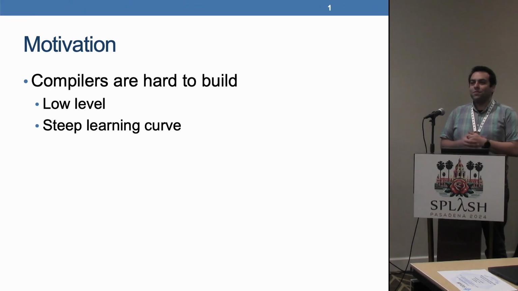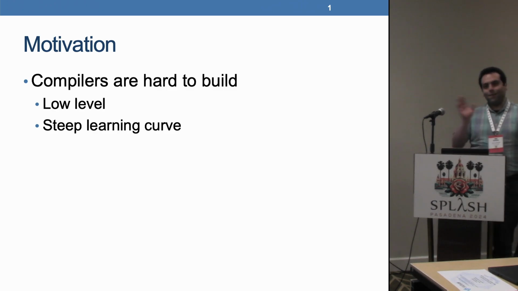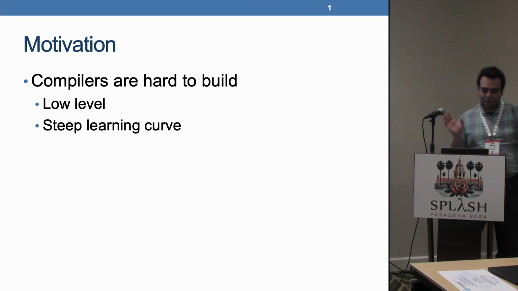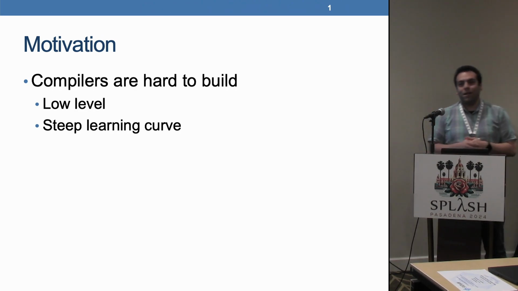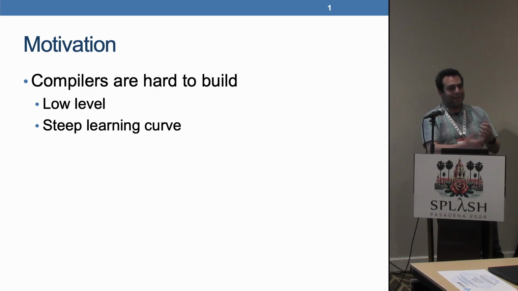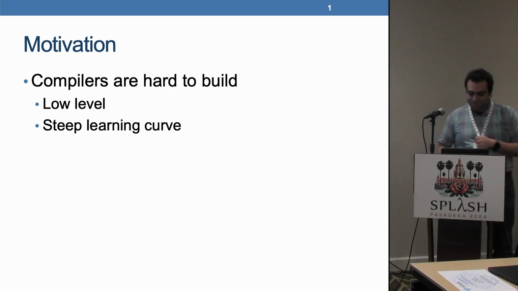So in practice, as opposed to GHC, which is written very nicely in a high-level language, most of the compilers out there are written in low-level languages: C, C++, Rust. And they have a steep learning curve, meaning that if somebody wants to contribute in extending that compiler, it's going to be difficult.